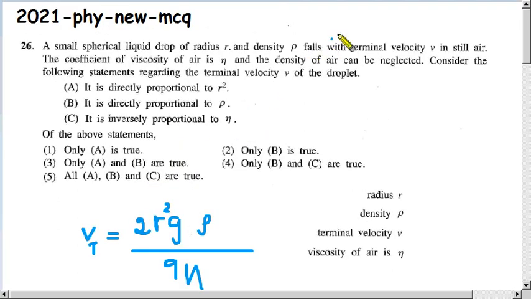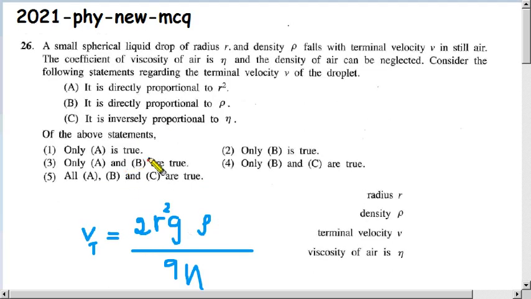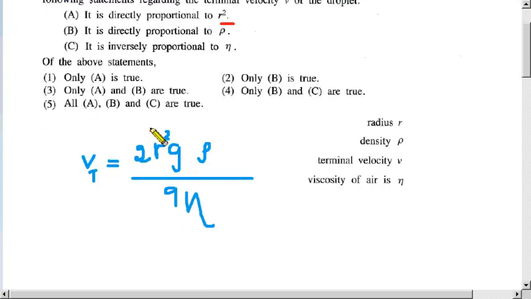In these statements they are talking about the terminal velocity v of the droplet. In this equation v is isolated, so from this equation we can decide it is proportional to r squared. That is correct. If the variable is in the numerator, we say directly proportional.